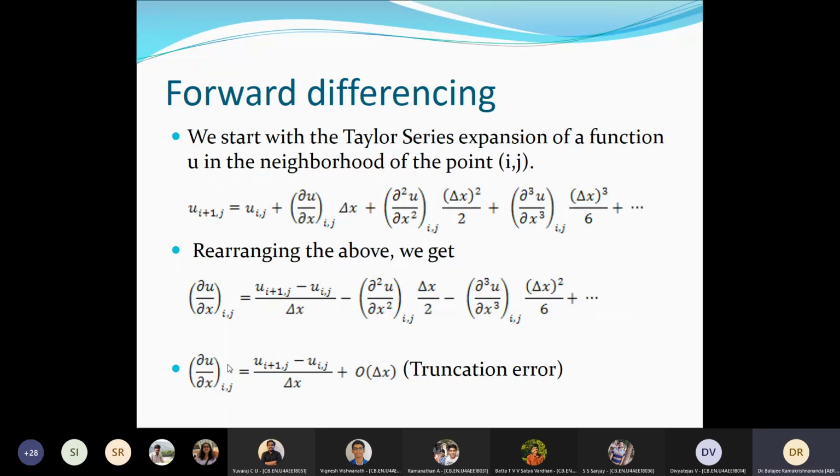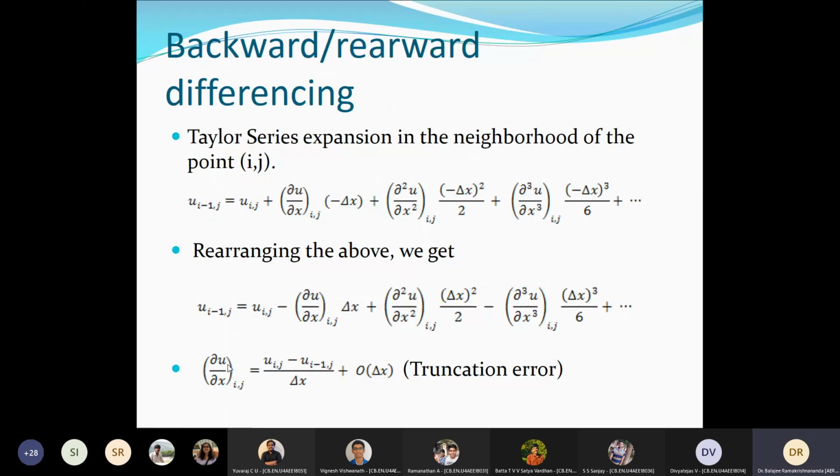Through backward differencing, it is given in the last line of this slide. In both cases, we are computing only ∂u/∂x. Which way is correct? We don't say this is correct or that is correct. These are two different ways of evaluating this ∂u/∂x.